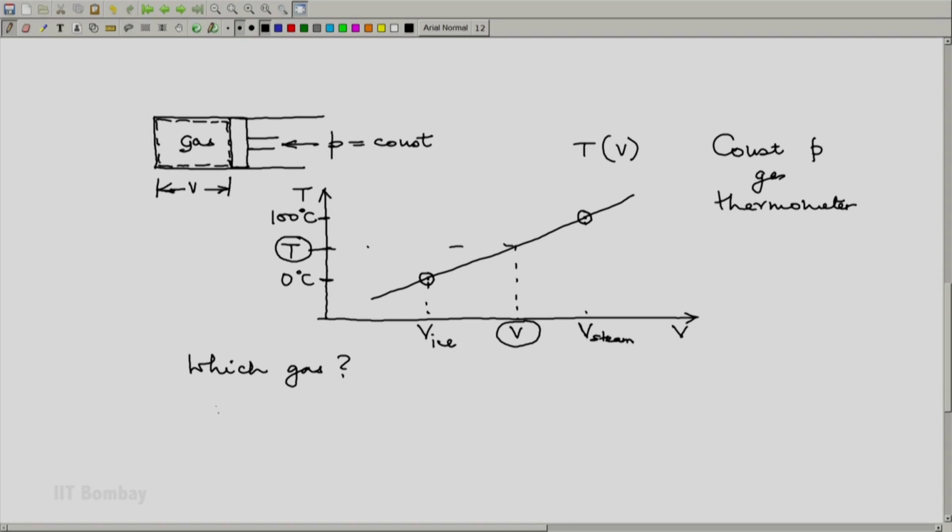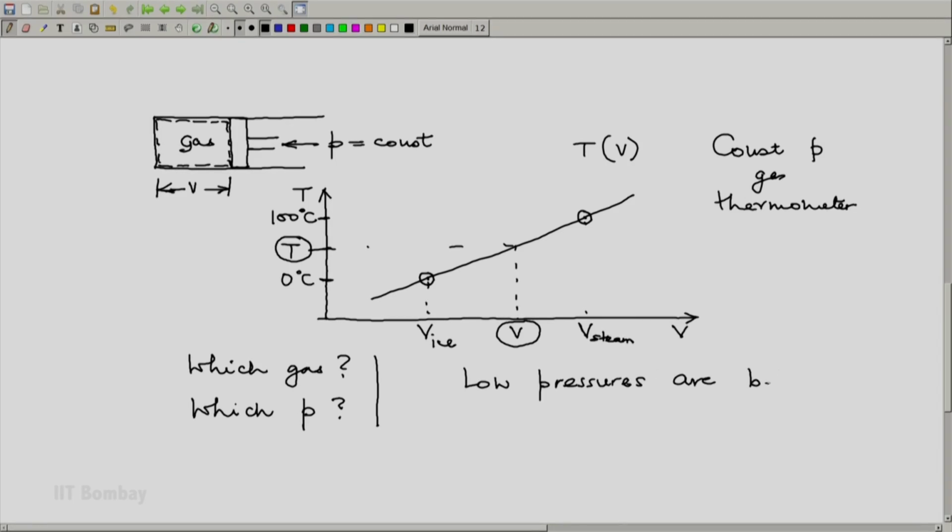Not only that, it also depends on which pressure you fix the gas at. And of course, such an arbitrariness is not good for precise measurement of temperature.